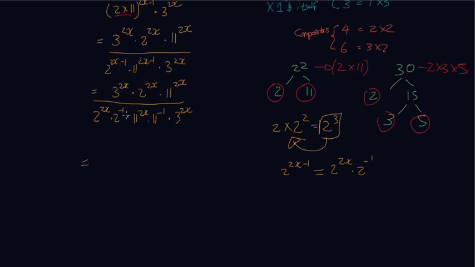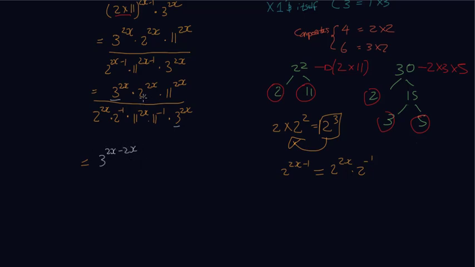And then we look at the same bases. For base 3 we have 3 to the 2x, and because it is in the denominator, the exponent changes sign, so it's minus 2x.